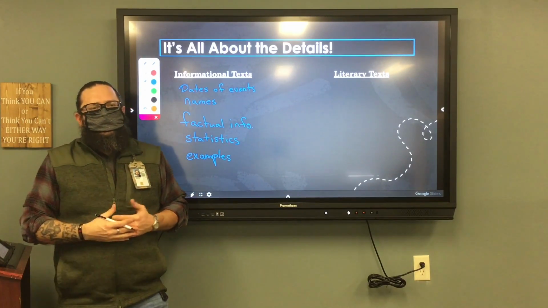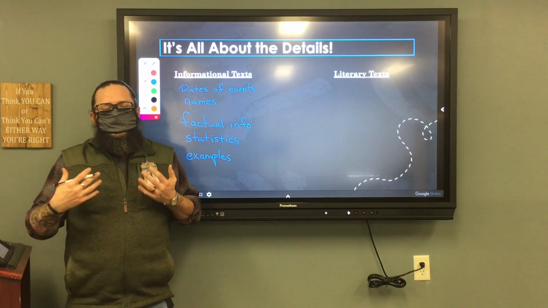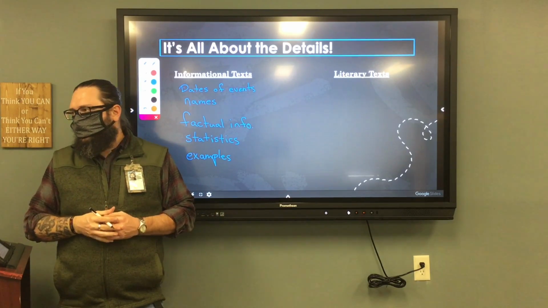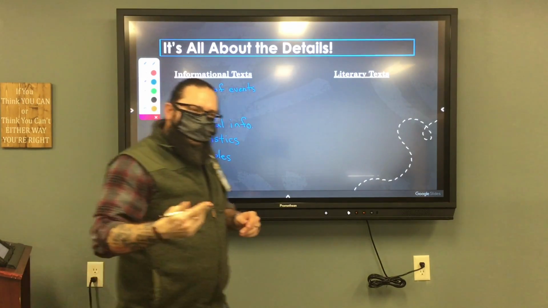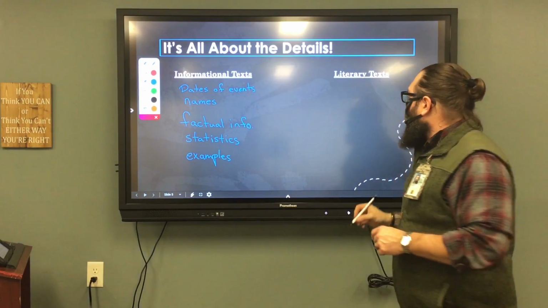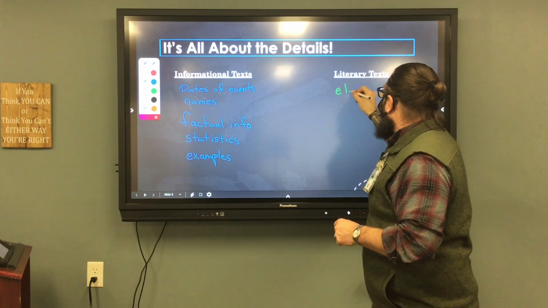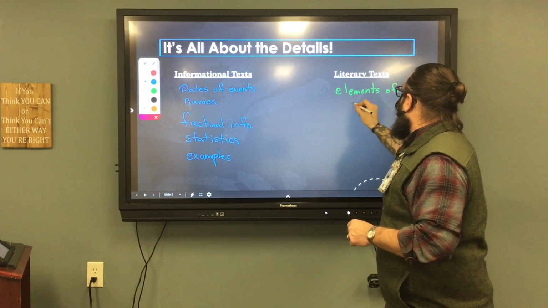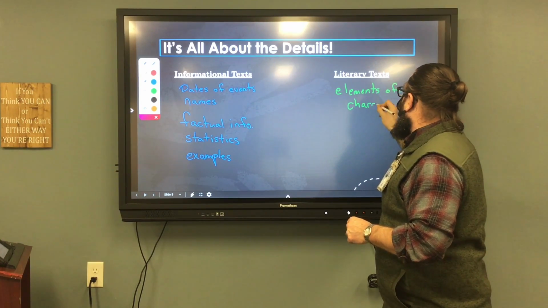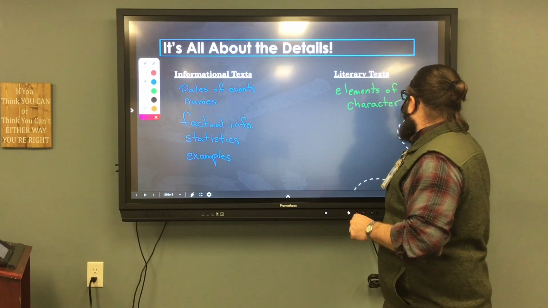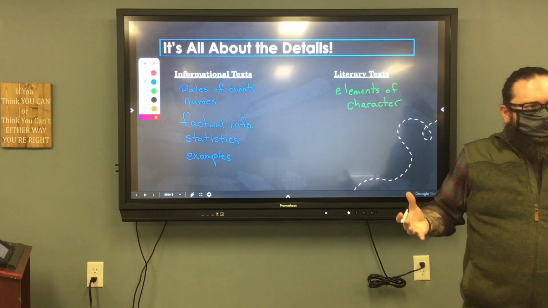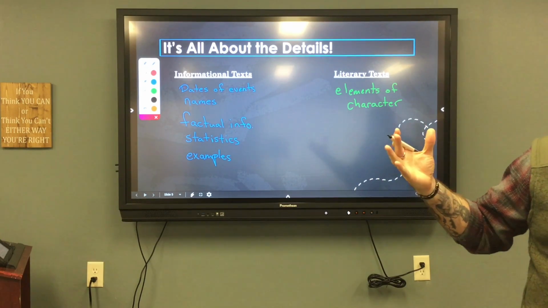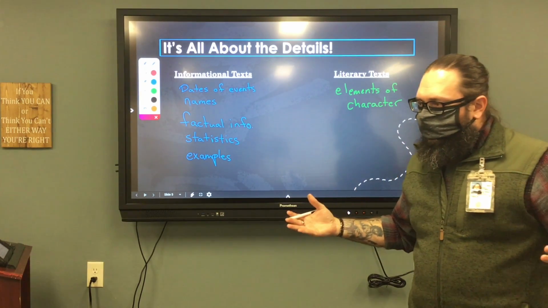Now, what about in fictional writing? What are some details that we would potentially look for in a literary text? The most common ones are elements of character. A good example: you each mentioned that you enjoy Harry Potter.